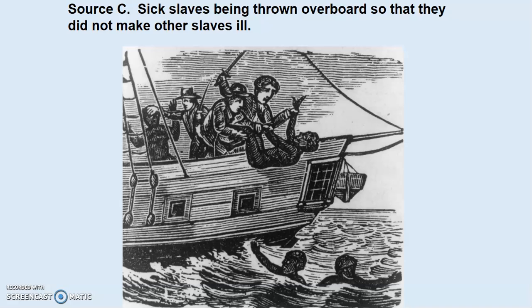This shows you that the slave owners did not view the captured people as people, but as cargo who could be dispensed with, and then they could claim back the money lost on their insurance if they were thrown overboard and died.